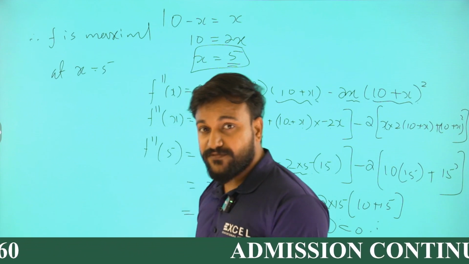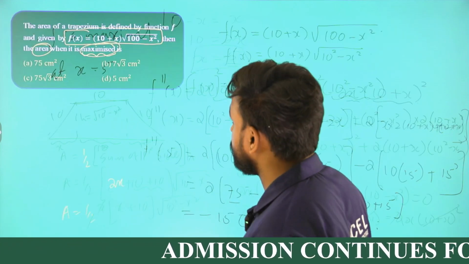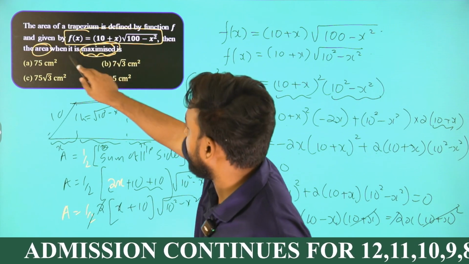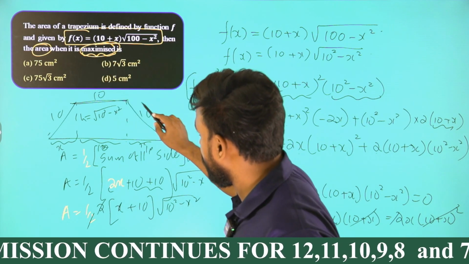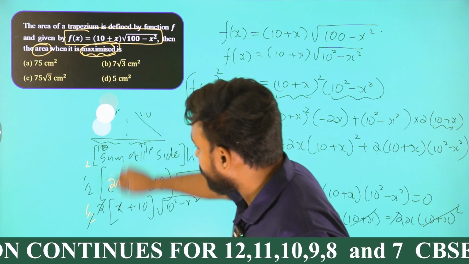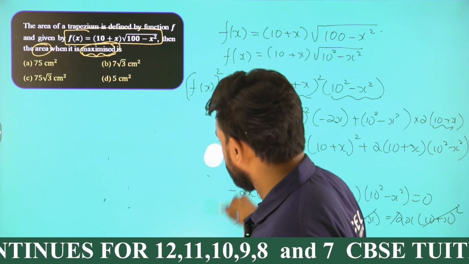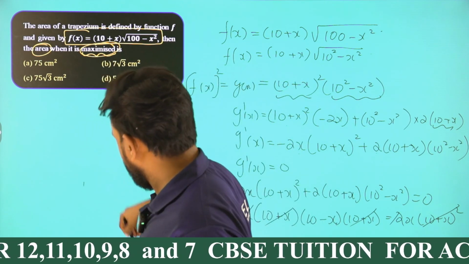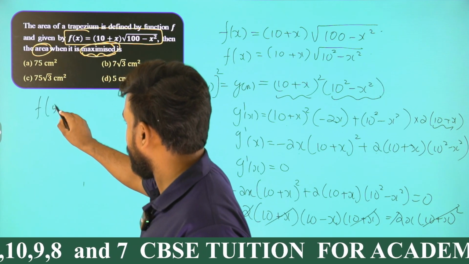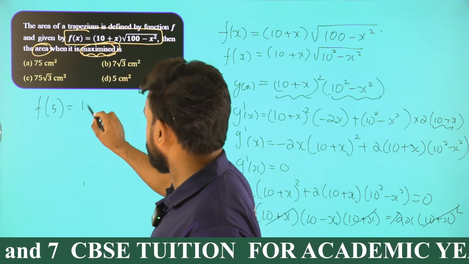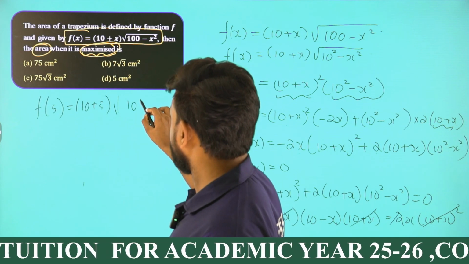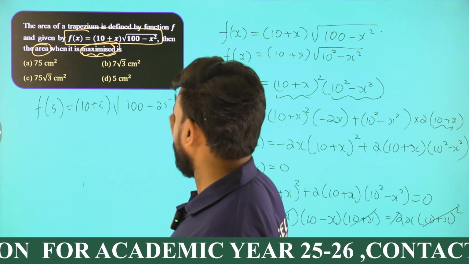And they ask for what? The area also. Then when it is maximum, we need to find the area also. They have given the area function, you just need to put that in it. So just find f of 5. This is the area function, (10 plus 5) into root of 100 minus 5 square, that is 25.